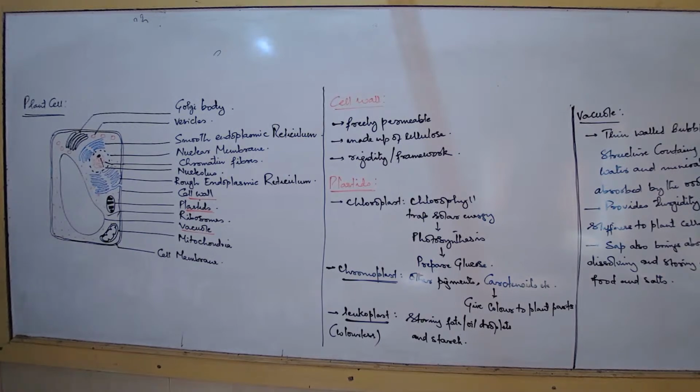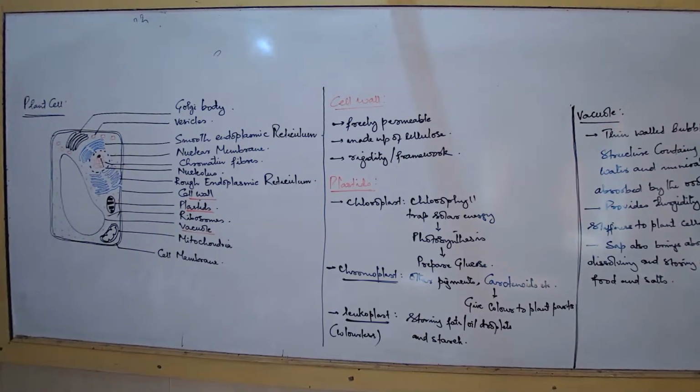The glucose is not in a crystal form or anything, but the glucose inside a plant cell is always in a dissolved form, inside the sap, and in the dissolved form only it will be transported. And the excess is always stored in the plant parts.